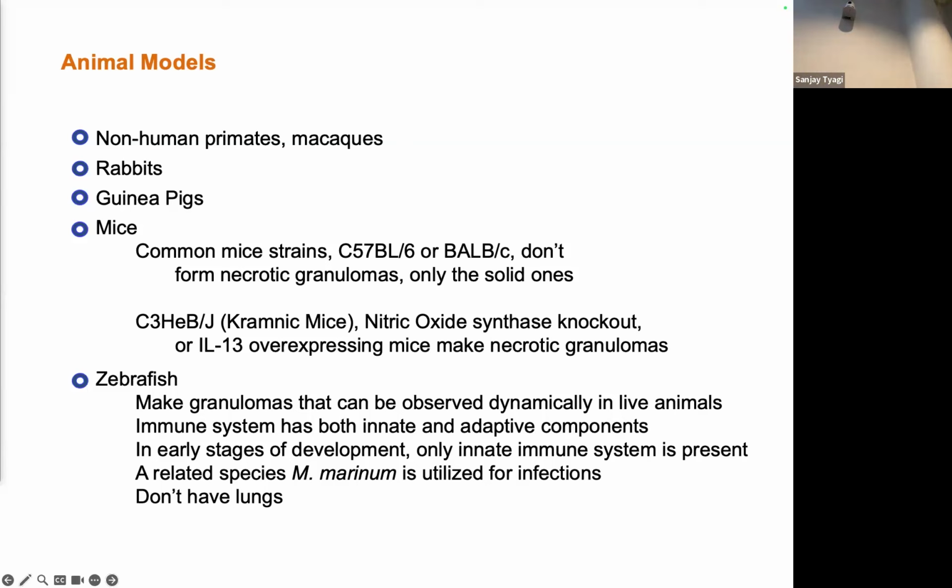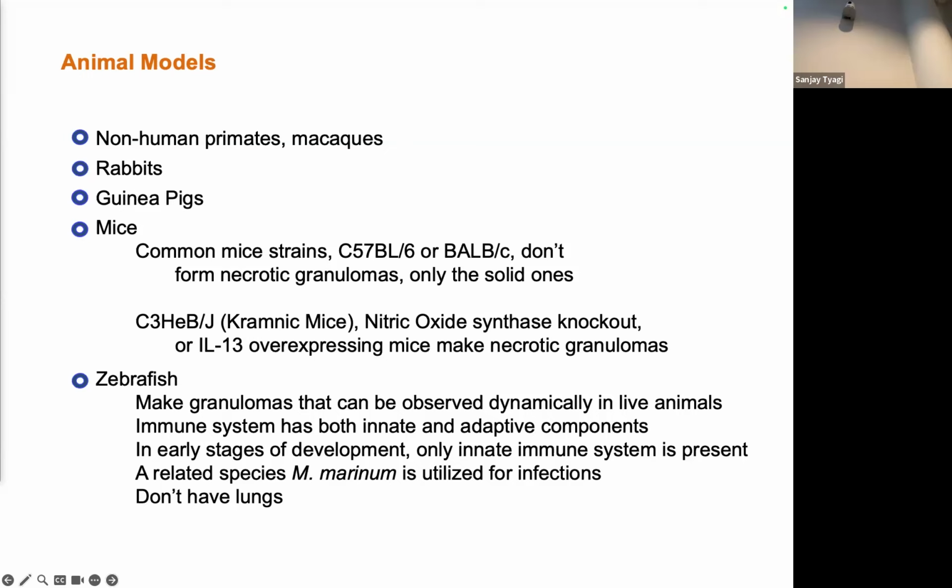They make necrotic granulomas. Guinea pigs, as you saw, Koch did work with guinea pigs, and they are very similar to rabbits. Mice are the most common host for all the TB work, but mice don't have necrotic granulomas.